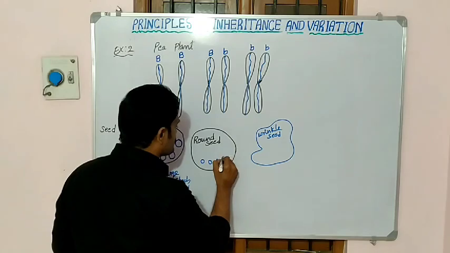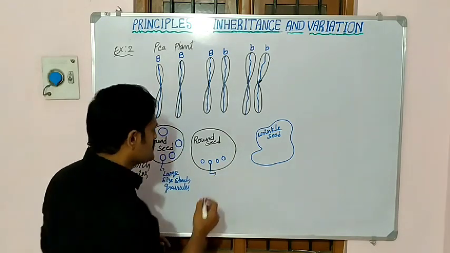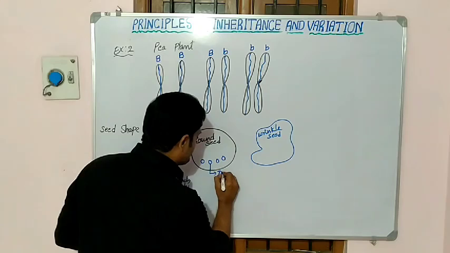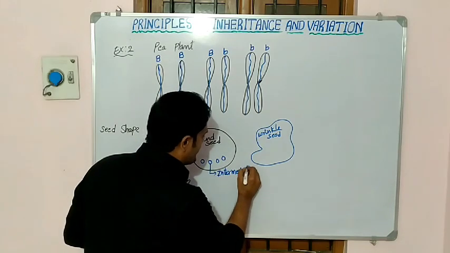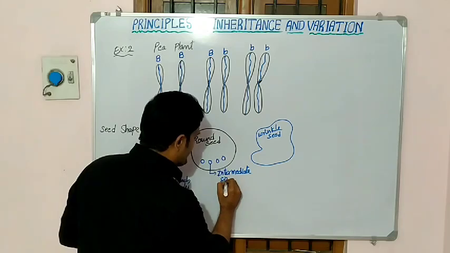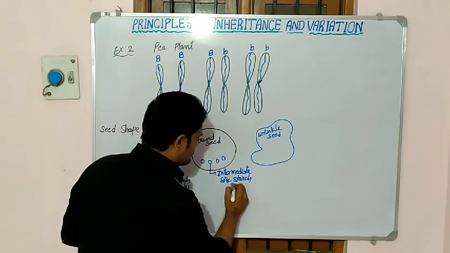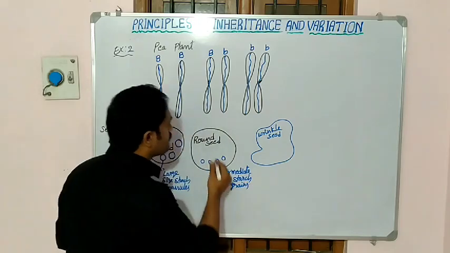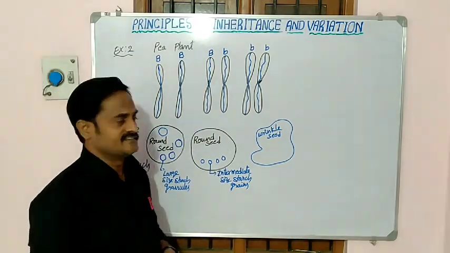Which type of starch grains? Not big, not small. So intermediate size starch grains are formed by the second pair of alleles.